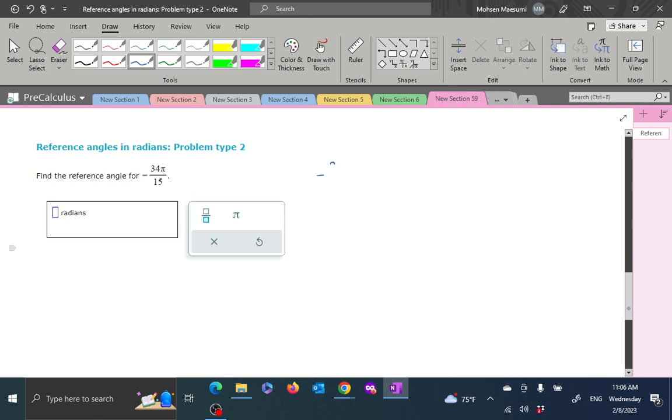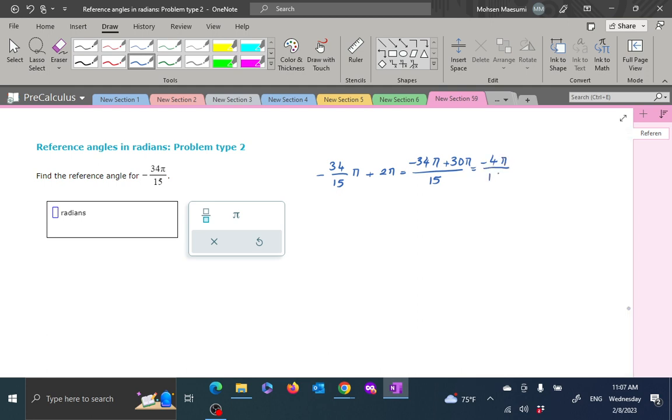So I learned from my last lesson that, well, let's go step by step so that everybody is clear about this. I added 2 pi to this. I take a denominator 15, minus 34 pi, plus 30 pi. You add to it, you see, I'm still dealing with a negative angle.